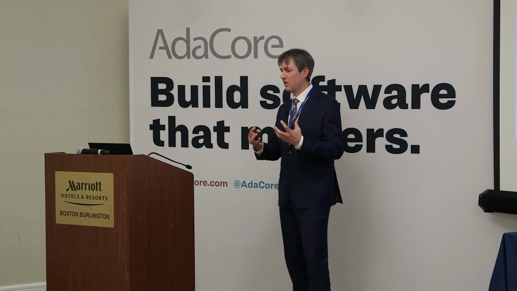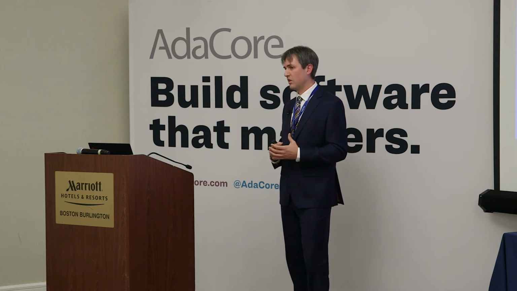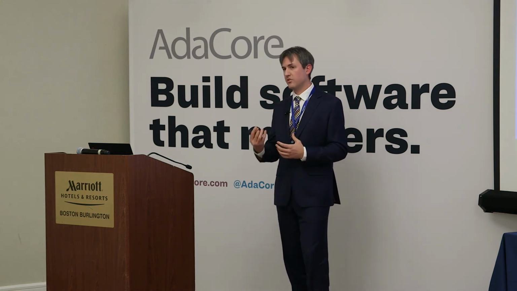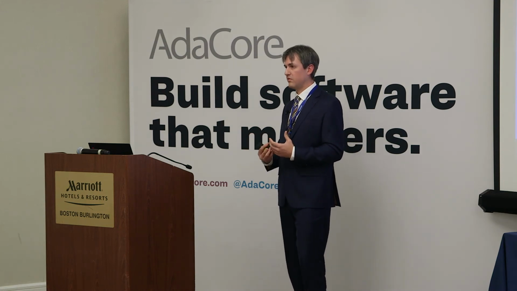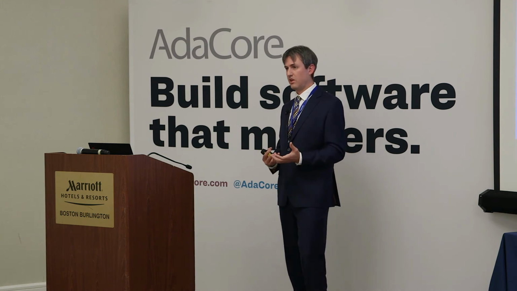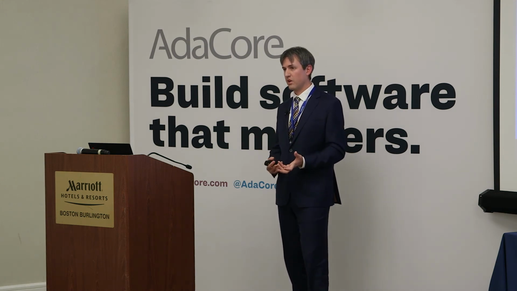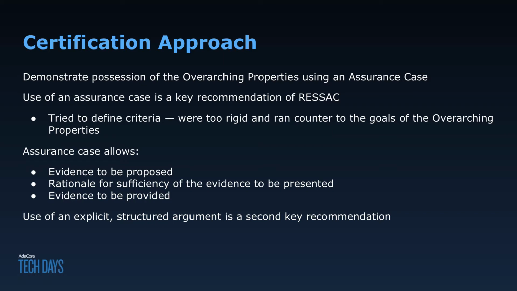So the assurance case allows us to propose the evidence that we wish to gather, to provide the rationale for the sufficiency of this evidence, and to present the evidence itself. So in essence, by constructing an assurance case for demonstration of possession of the overarching properties, we can construct our certification approach and follow it at the same time while using the argument to lay out the justification for why this approach is sufficient.